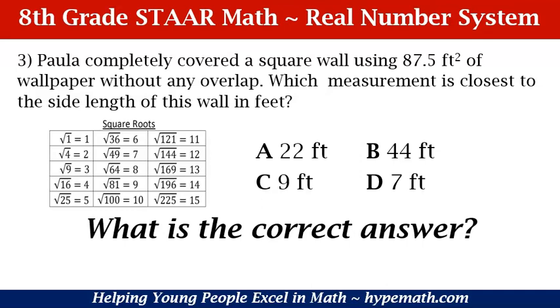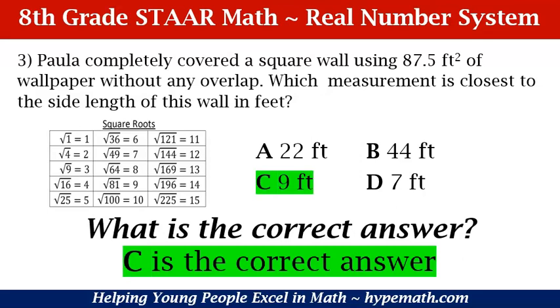Okay, since I know that, the next thing I would do is look for the integer of those square roots. The integer for the square root of 81 is equal to 9, and the integer for the square root of 100 is equal to 10. Now we can look at our answer choices to find our correct answer.